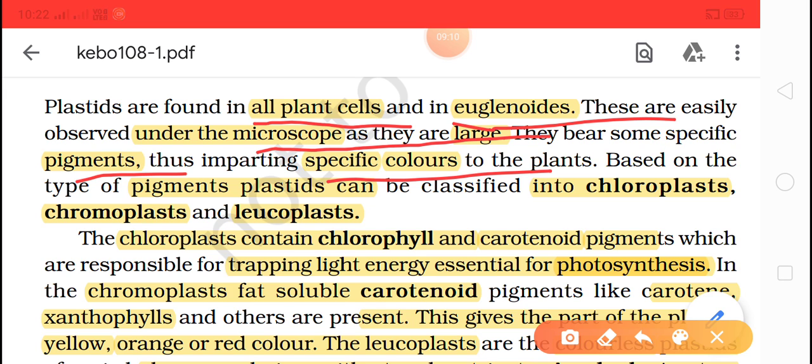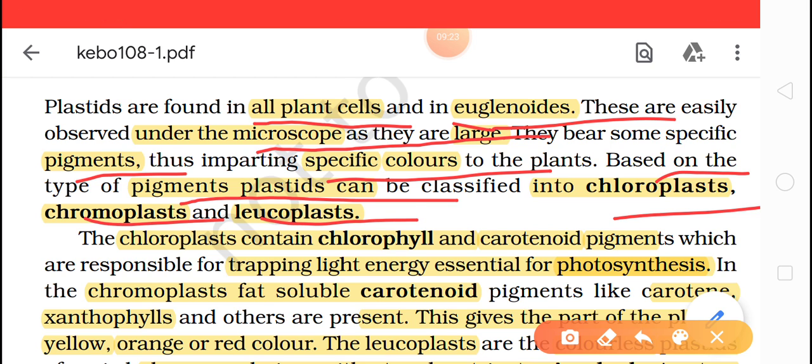So based on the types of pigments, plastids can be classified into chloroplast, chromoplast and leucoplast. First, see the chloroplast. Chloroplast contains chlorophyll. Chlorophyll we have discussed many times in photosynthesis.